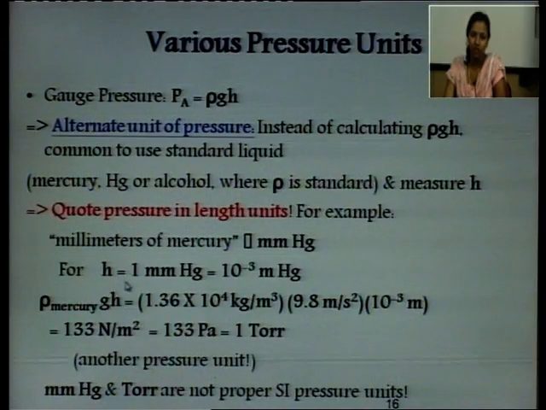If we take H is equal to 1 mm of mercury, then pressure is equal to 133 Newton per square meter, or 1 Newton per square meter is equal to 1 Pascal. So 133 Pascal, and this atmospheric pressure is equal to 1 torr.